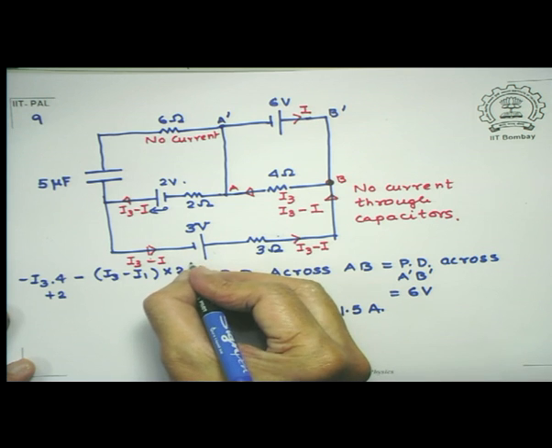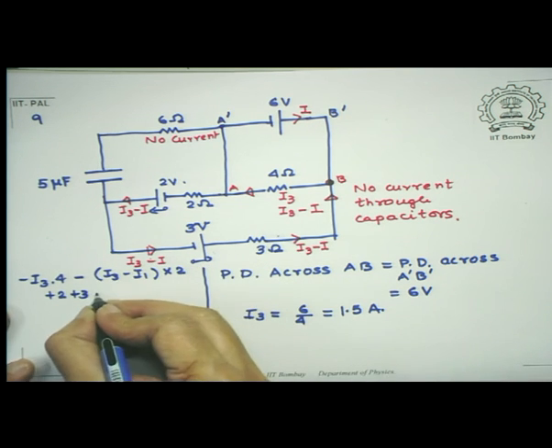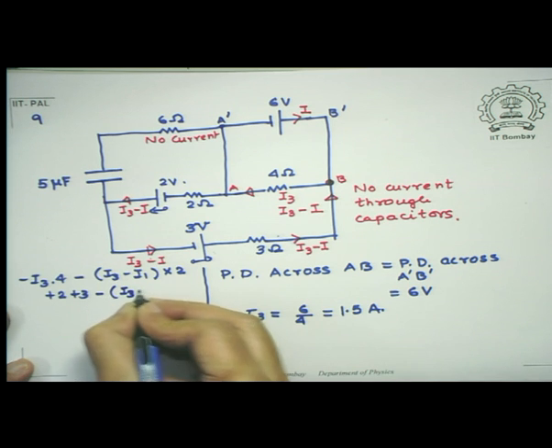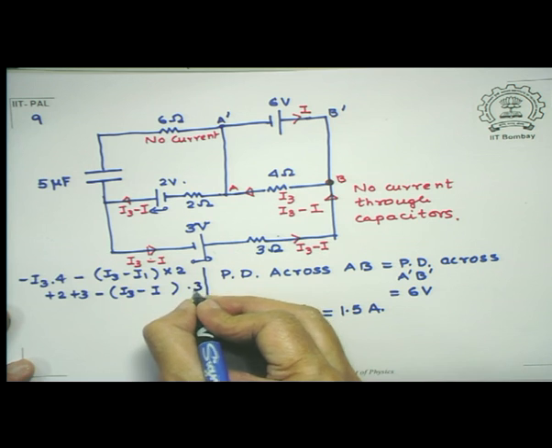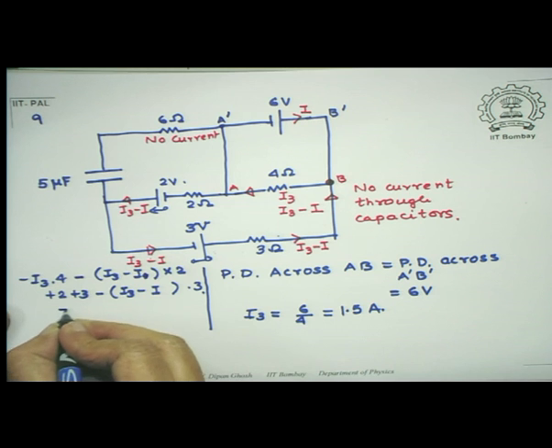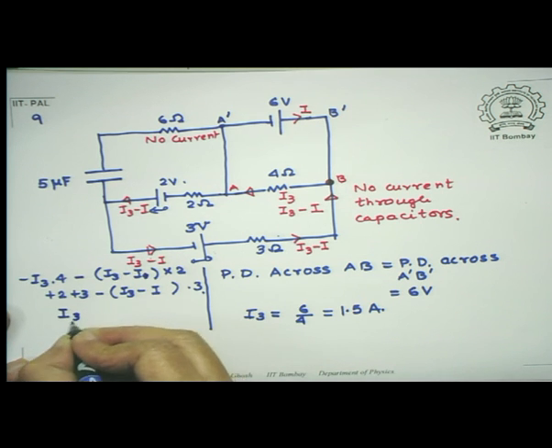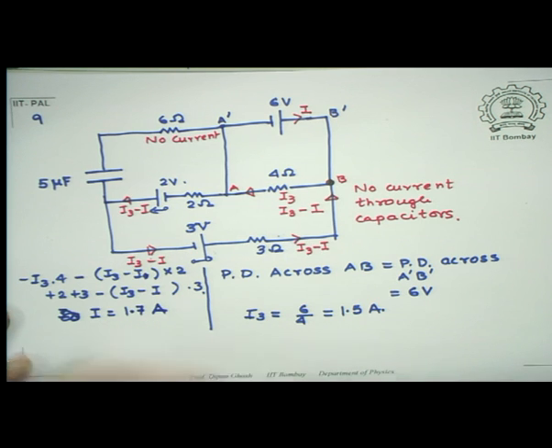Then there is a plus 3 here, minus (I3 minus I) into 3. Well, I3 minus I. So you will be able to now remember that I already know what is I3. So do that. This is a trivial number. So you get I equal to 1.7 amperes. That was the only unknown that we had.